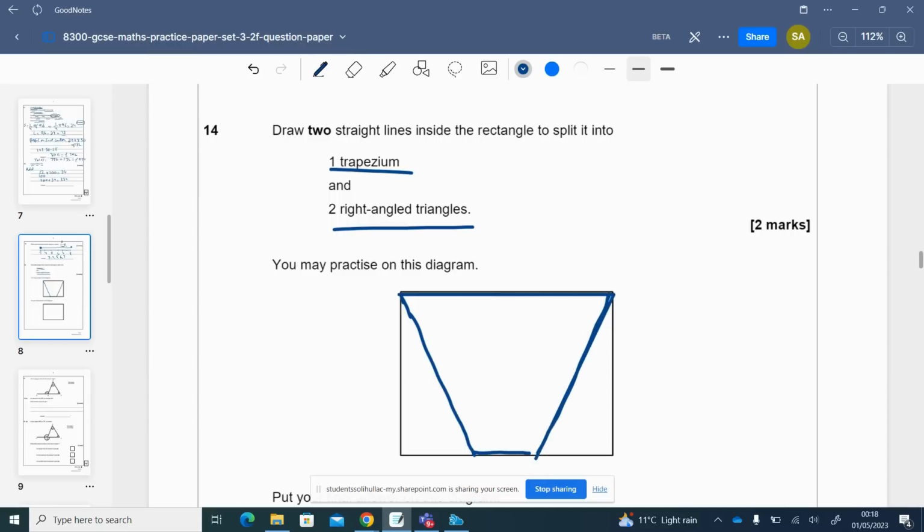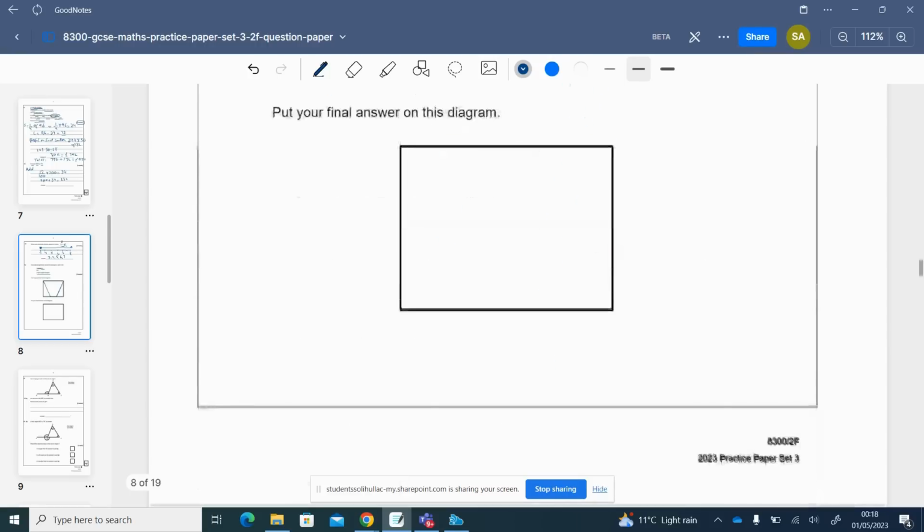Okay, and what else you can do is you can draw another way of drawing this as well. Like you can draw a right angle triangle like this and this. Okay, and these are two right angle triangles as well. And you will have a trapezium in the middle.